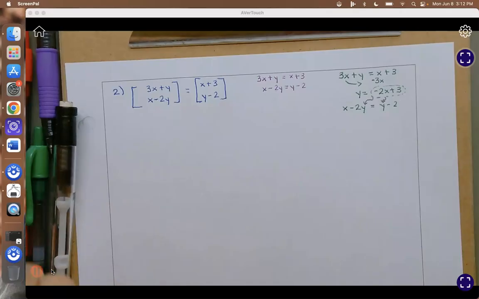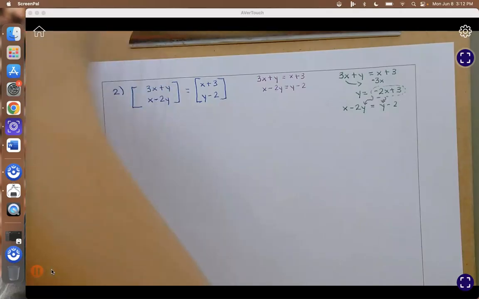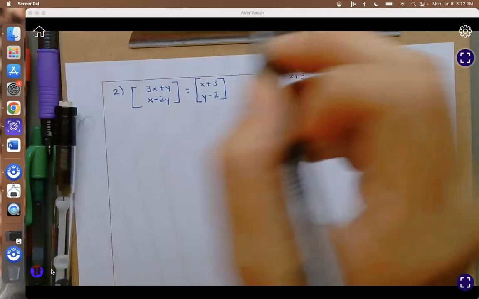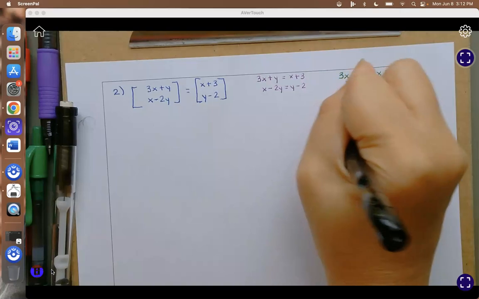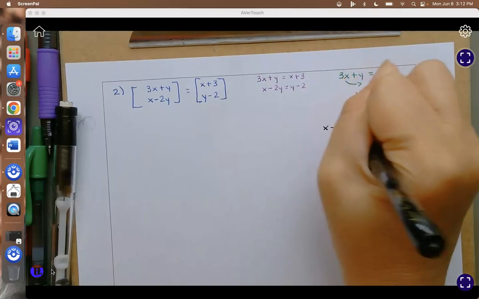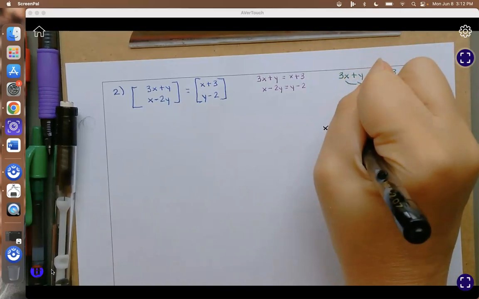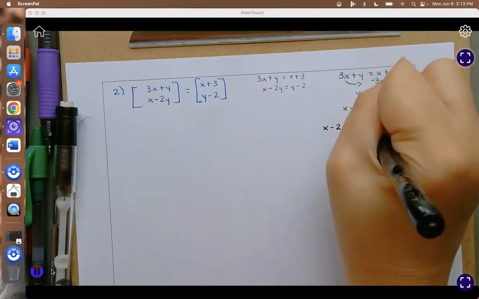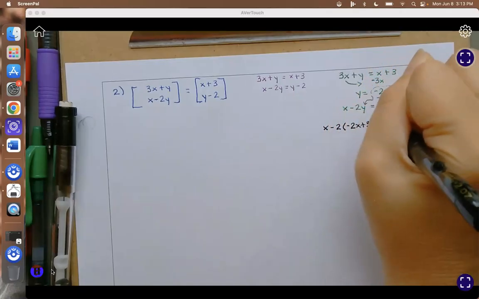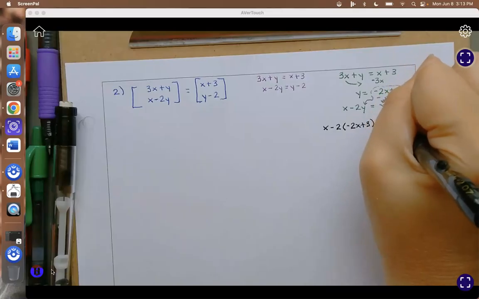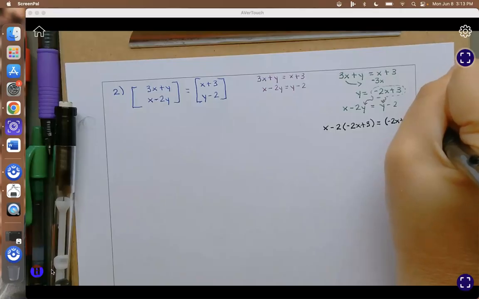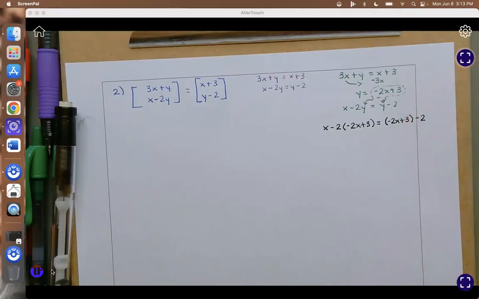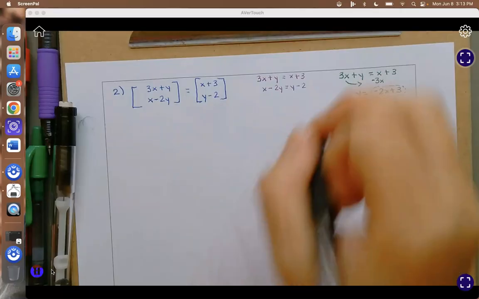Okay, so I'm actually going to use the black pen so I don't have so much green. So here we go. So we have x minus 2 times the negative 2x plus 3 equals, then we're going to plug in the negative 2x plus 3. Again, when I plug stuff in, I prefer to use parentheses, and that way I don't forget signs, and I don't forget to distribute signs or anything crazy like that.